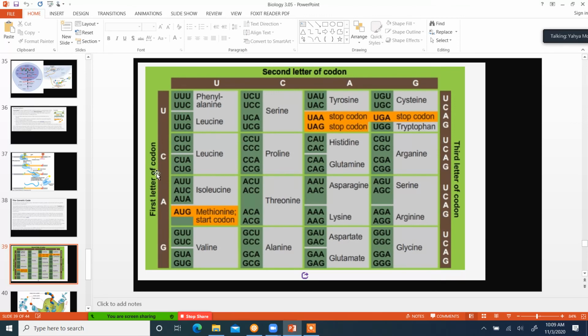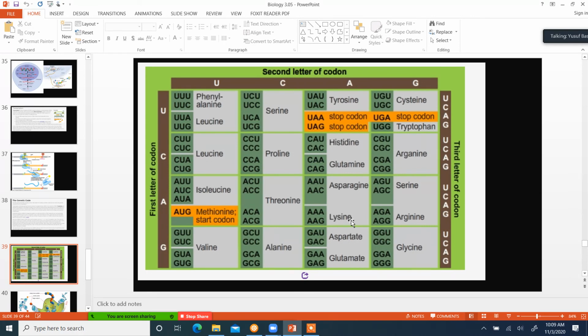So let's suppose in the mRNA we had this A, this coding chart. If we had this, that codes for the amino acid lysine. All these names here are the names of amino acids. If you put a whole bunch of these together, you make proteins.